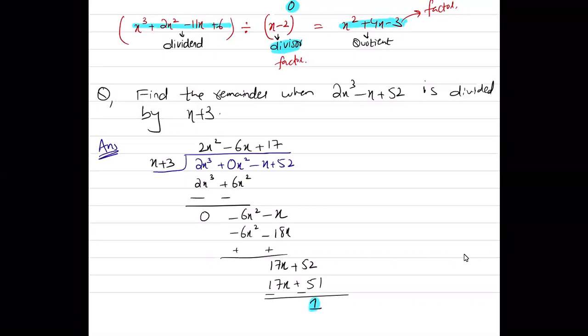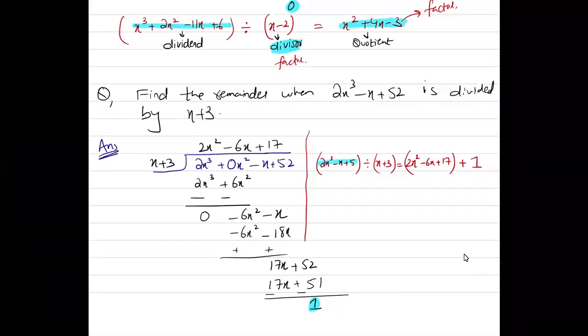So in this, if 2x cube minus x plus 52 was being divided by x plus 3, then you are going to get 2x square minus 6x plus 17 plus 1. That's the remainder.